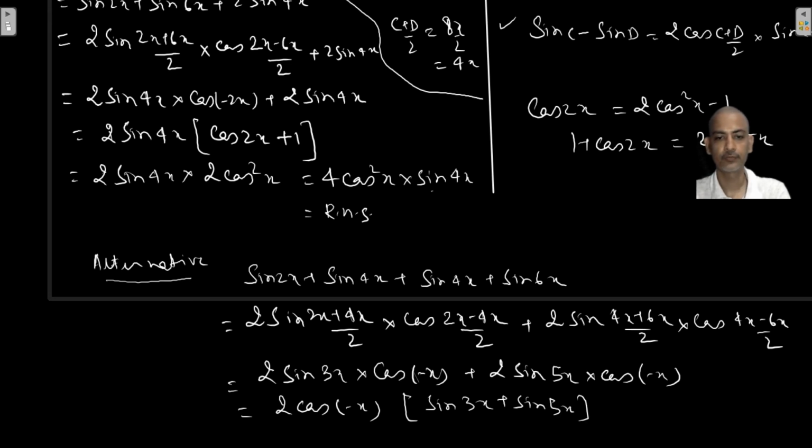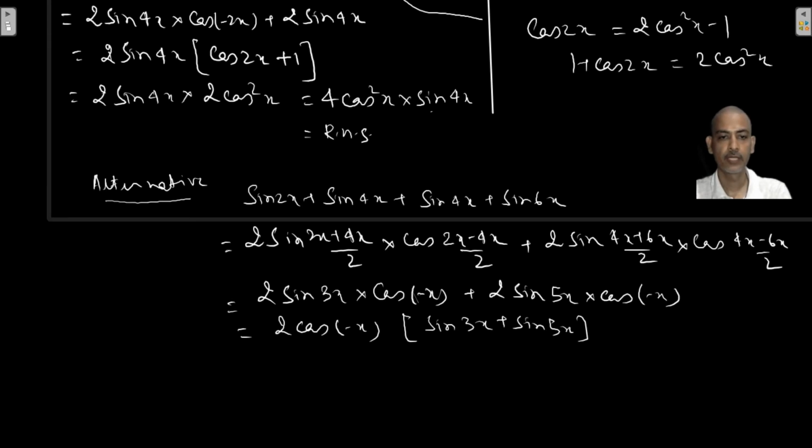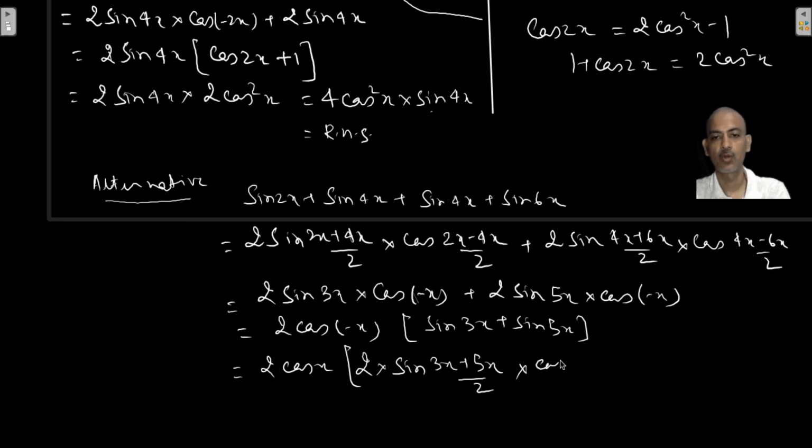Alright, now I can write 2 of cos of minus x as 2 cos x. Now again this sin c plus sin d I could have written as 2 into sin of (3x plus 5x)/2 into cos of (3x minus 5x)/2.